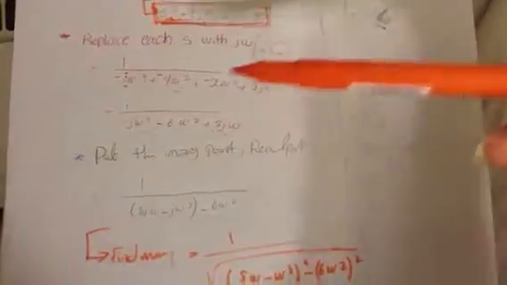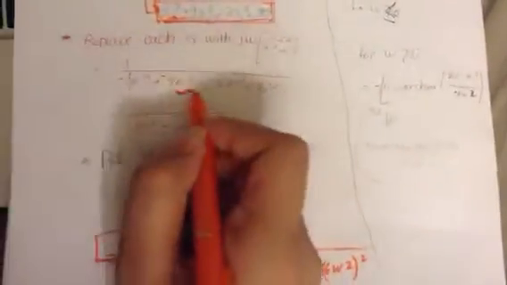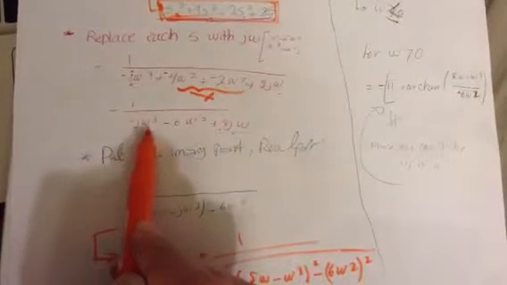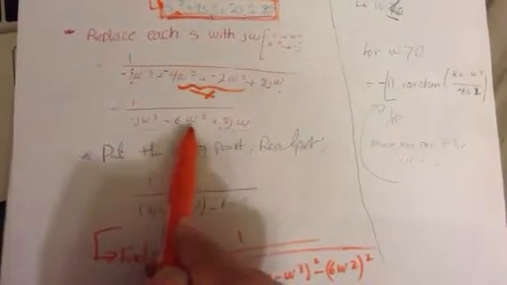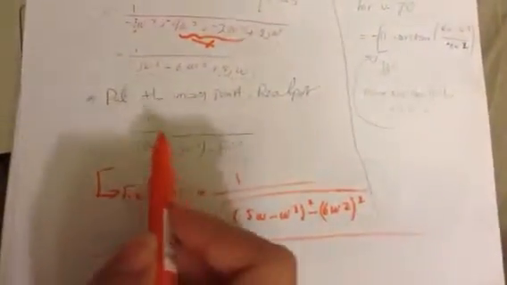Here we can add these together, so negative j omega cubed, negative 6 omega squared, plus j omega.